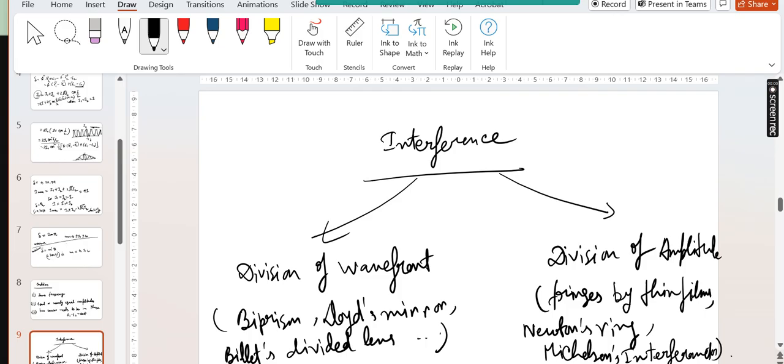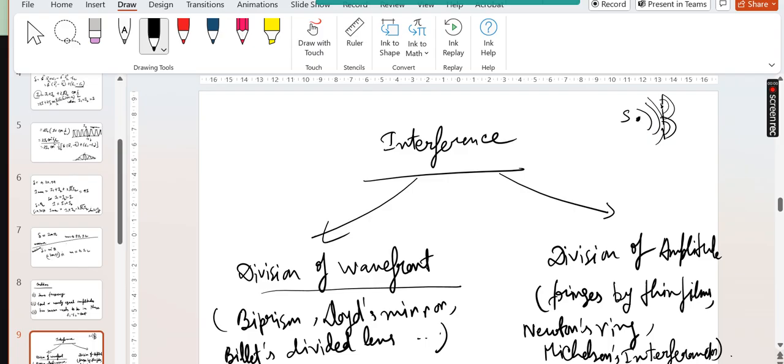So in the division of wavefront, the wavefront gets divided, like you see in the Young double slit experiment also. This is a source, and when it falls on the slits, this wavefront gets divided into two wavefronts.